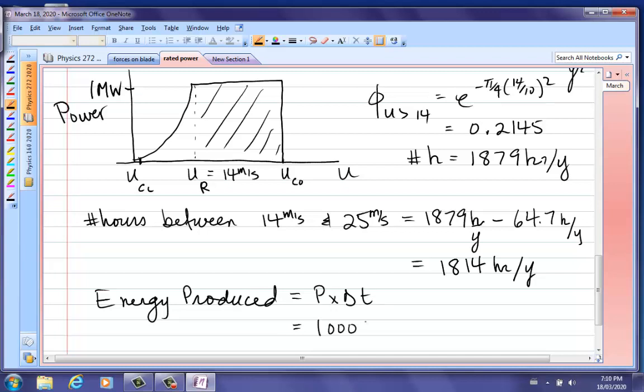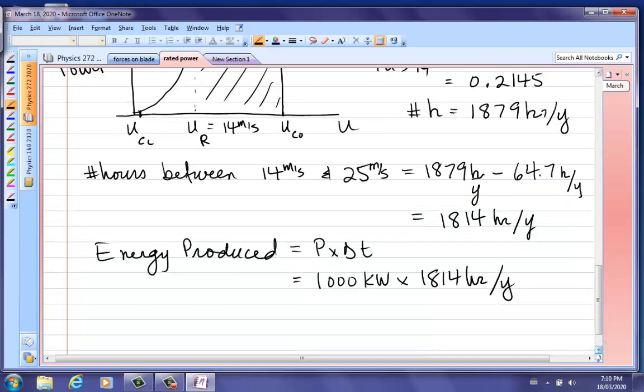That's 1,000 kilowatts times 1,814 hours per year. And so then that gives you 1.81 times 10 to the 6 kilowatt hours. That's energy per year. And that's the final answer.